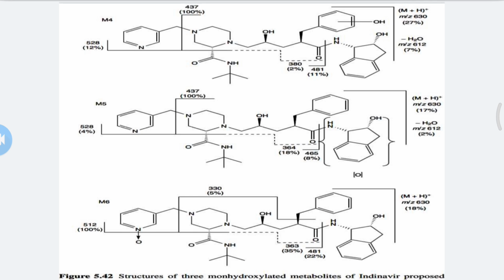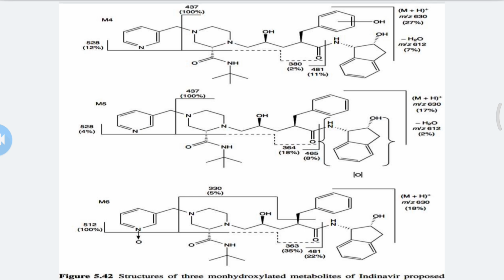In this, it degrades, losing water molecules, and its molecular weight goes to near 612.